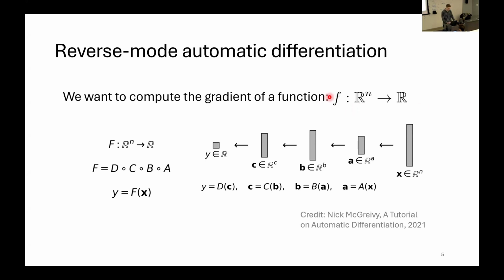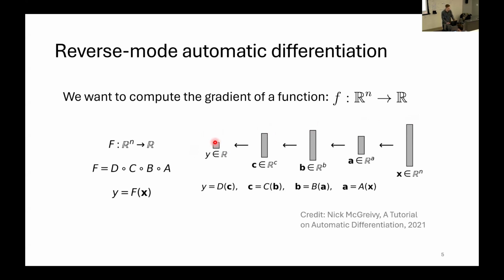If you have a function f made of a few layers, for instance a neural network, which takes an input vector of size n and has a scalar output, just a loss, you see that you have your intermediate activations A, B, C, and finally your output y. These are all the activations that you compute in a forward pass.